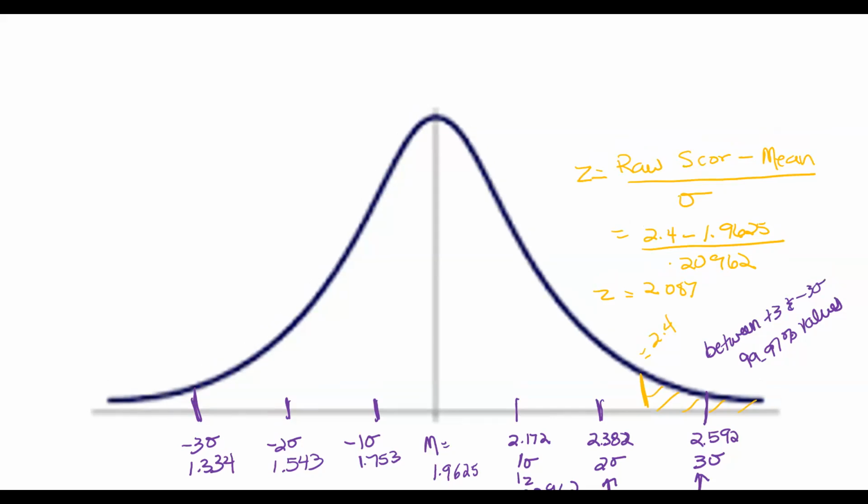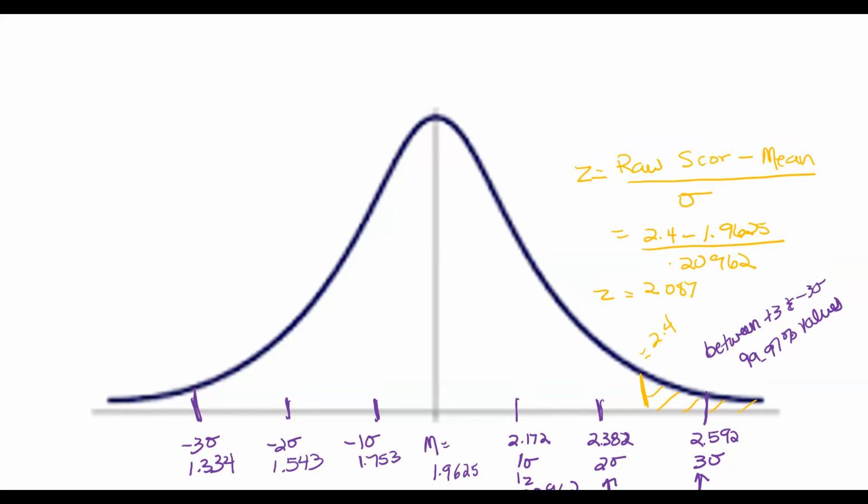So we had calculated our z-score, right? So our z-score was 2.087, all right? So I can use the function NORM.S.DIST. So I'm going to come here and type in NORM.S.DIST. And here it is. I'm going to say, okay.